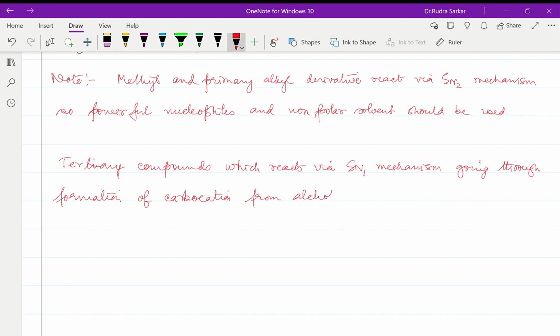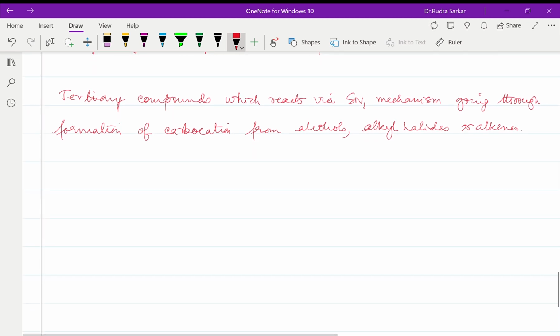It can be alcohols, isn't it? Tertiary alcohols in presence of acid can give you the 3-degree carbocations, or alkyl halides or alkenes.